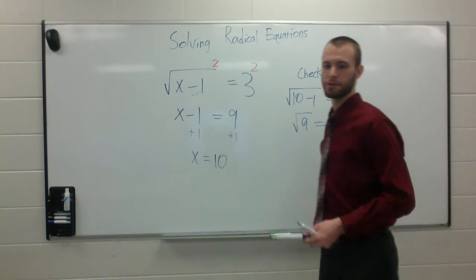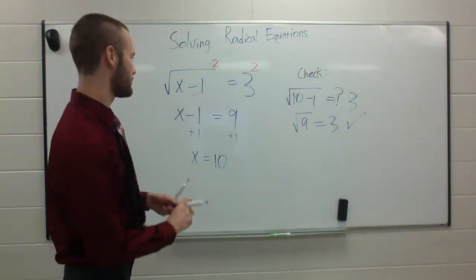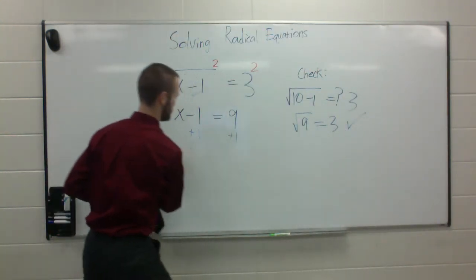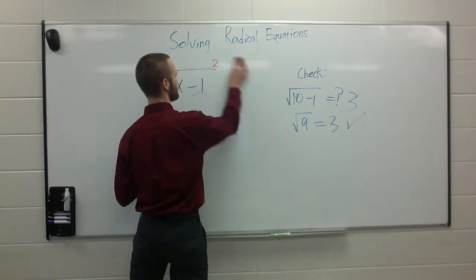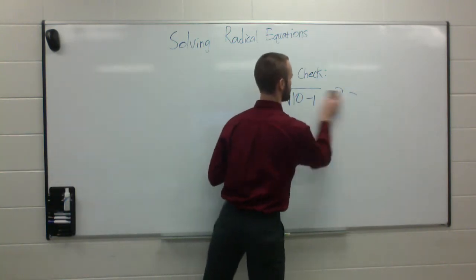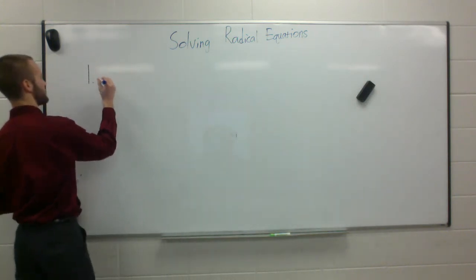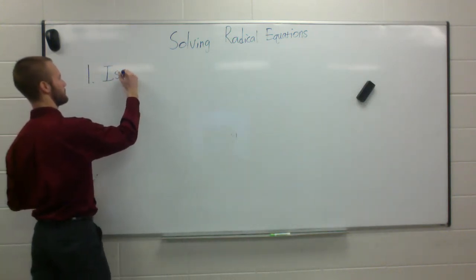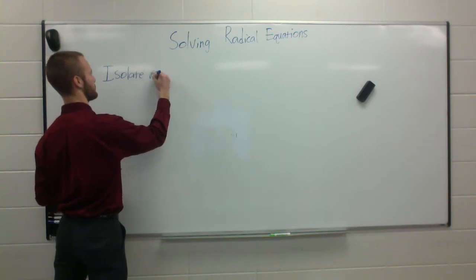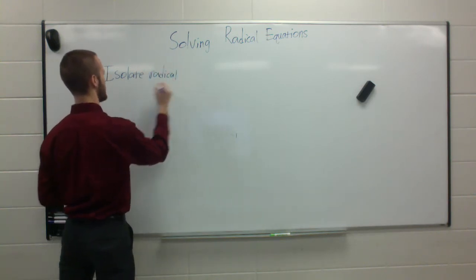In general, there's really only a few things you do when you're solving a radical equation. You want to isolate the radical as much as possible.